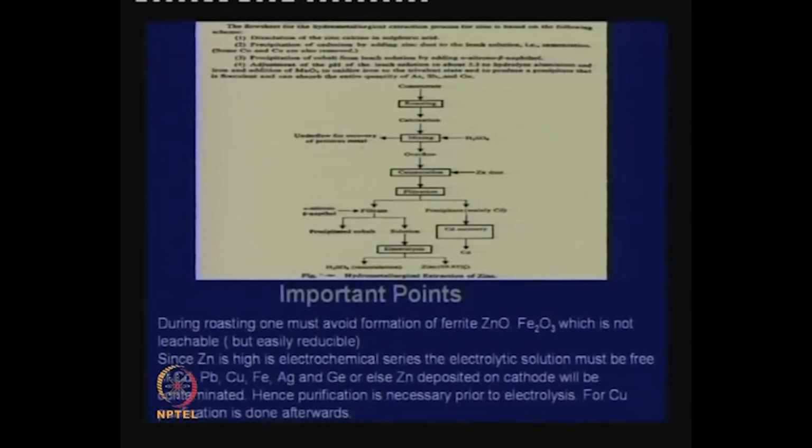Today hydrometallurgical extraction has become much more important, where we take zinc into solution after roasting and calcination. The solution goes through a very elaborate purification process, because unless the solution is very pure, it will not be possible to electrolyze zinc, because we have to depend on activation overpotential to ensure that hydrogen potential becomes more than the zinc potential.